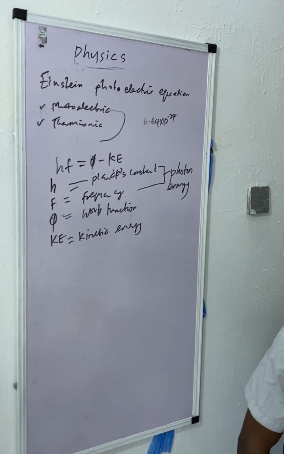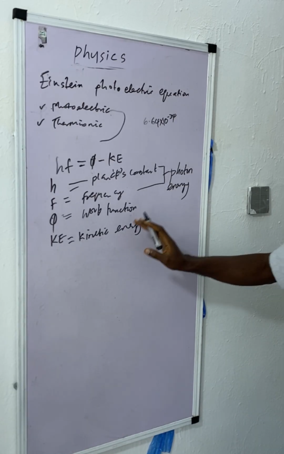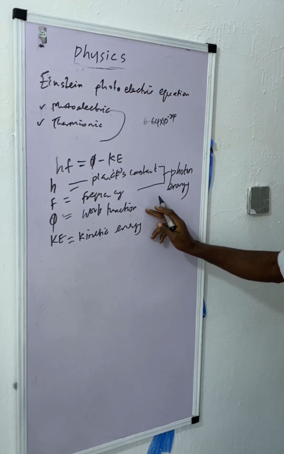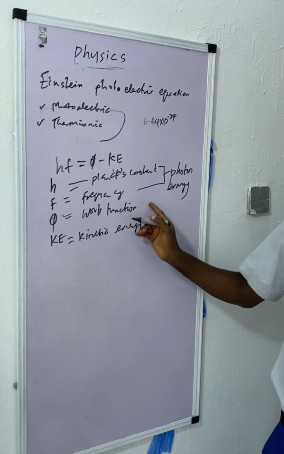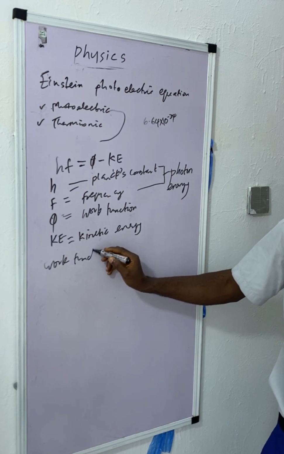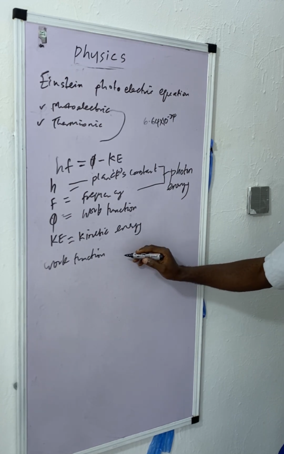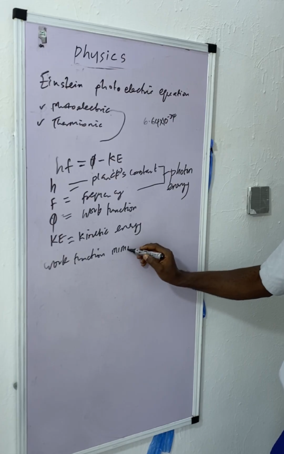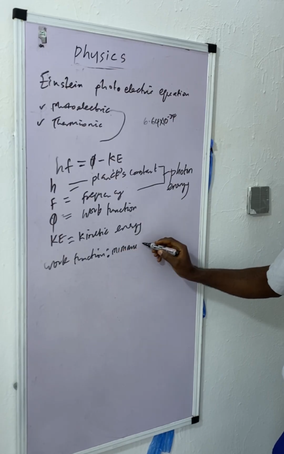Let's look at the second equation. Okay, before we go, let's understand the meaning of work function here, because they might not represent it as work function, all right, and kinetic energy. So work function is equal to what? The minimum energy to release electron.